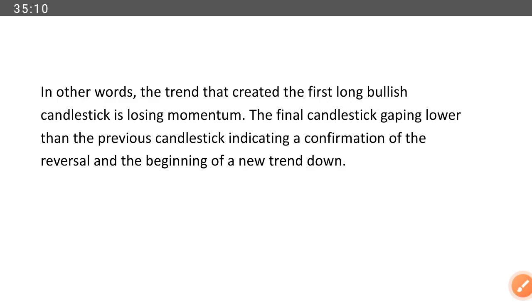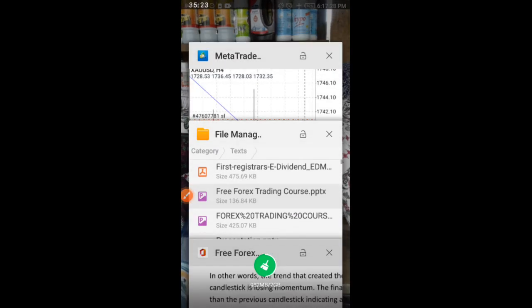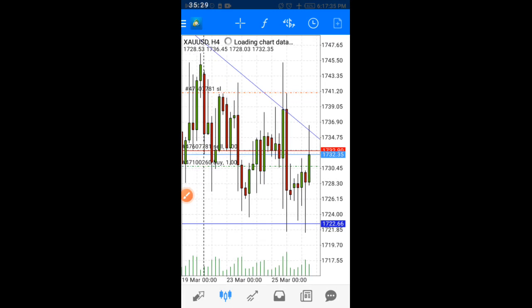So that's the evening star. Let me show you a live chart on MetaTrader 4. Look at this. Can you see this?